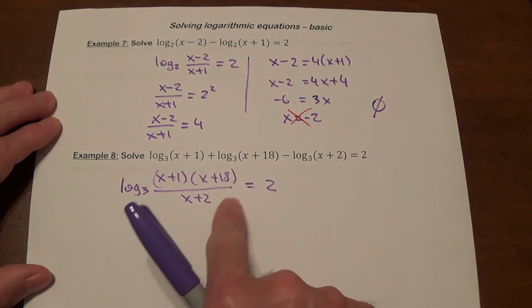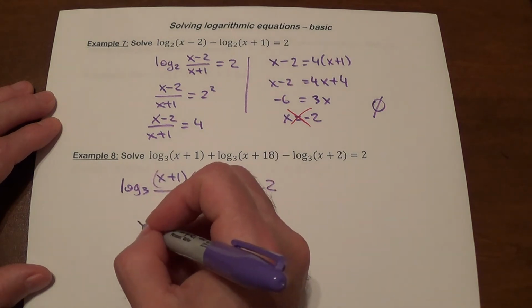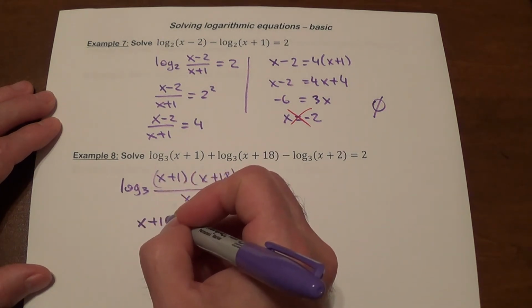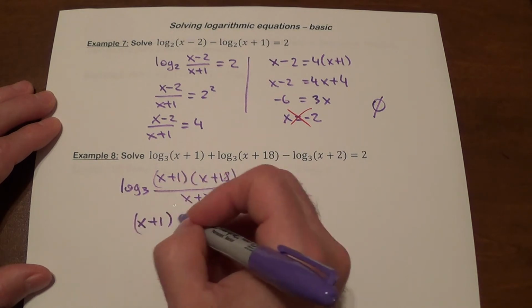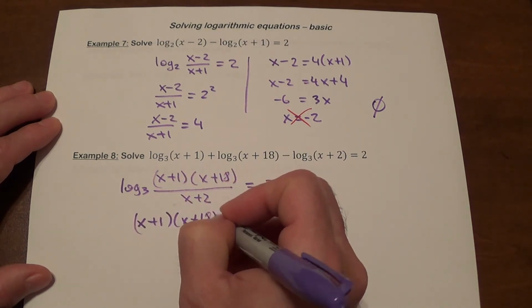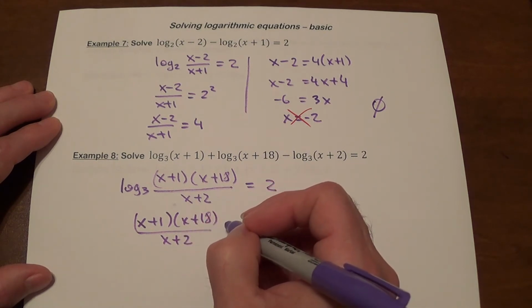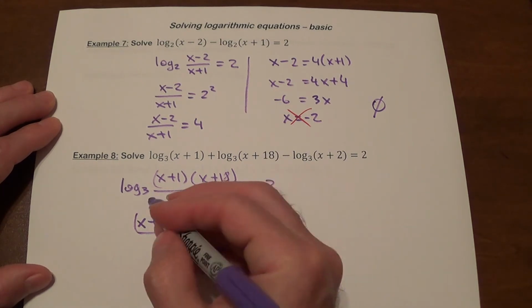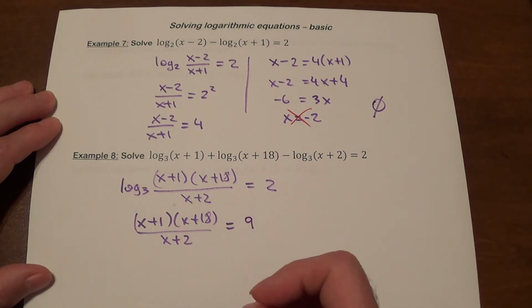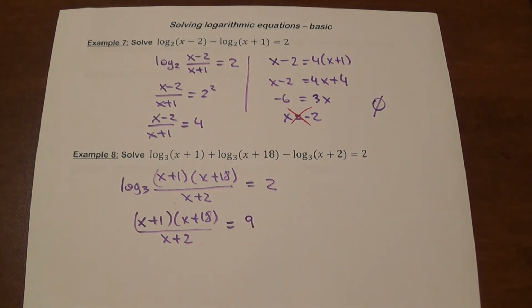A single logarithm equals a number, so we're going to get (x plus 1) times (x plus 18) divided by (x plus 2) equals 3 squared, which is going to give us 9. Multiply both sides. Make sure you can clearly see what I'm going to do next.